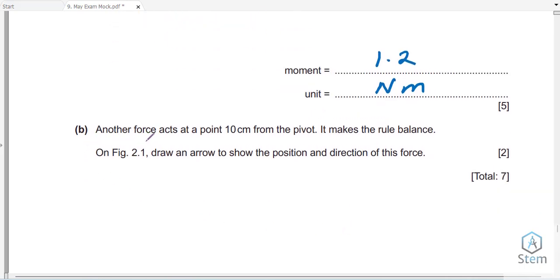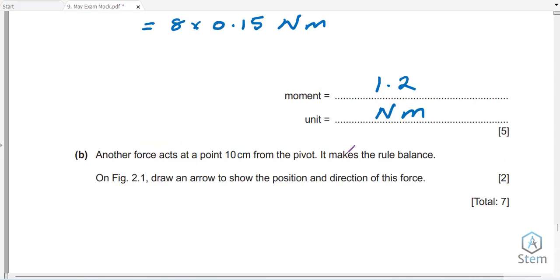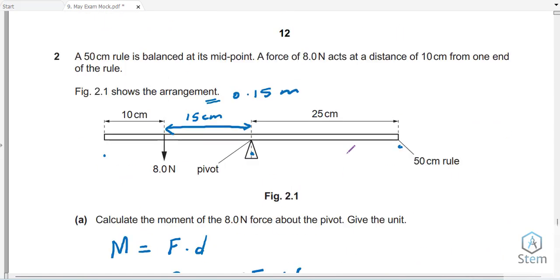Another force acts at a point 10 centimeters from the pivot. It makes the rule to balance. Draw an arrow to show the position and direction of this force. This is giving us anti-clockwise moments.